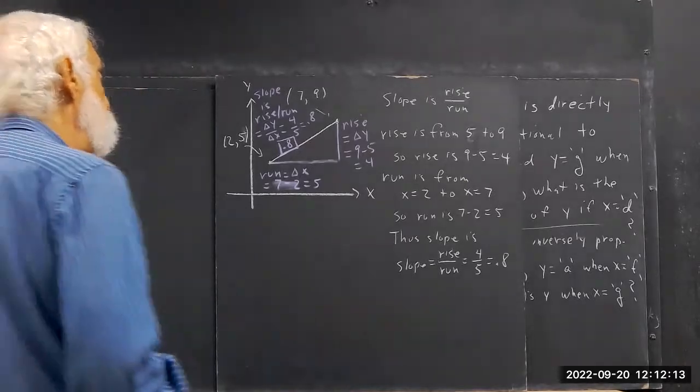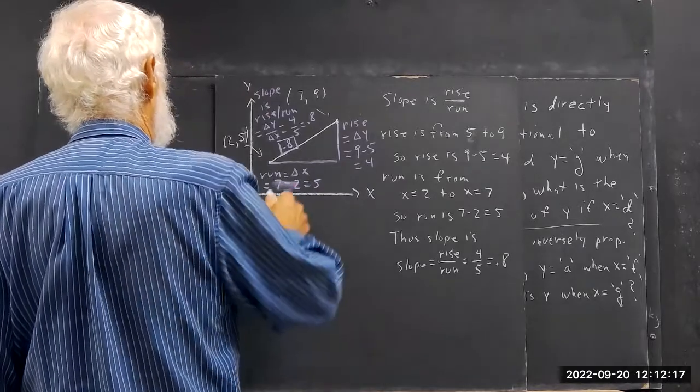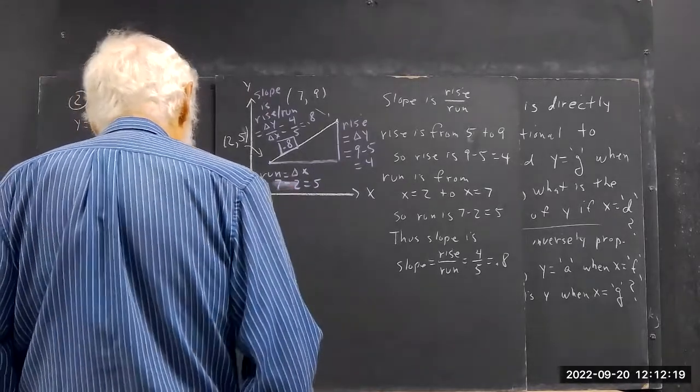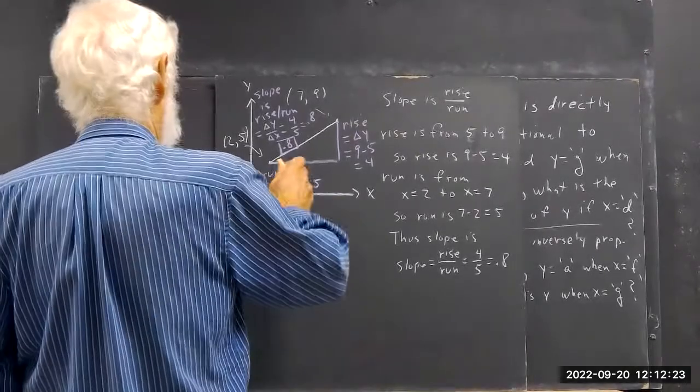Okay, now. We have a straight line through these points. A straight line goes forever.